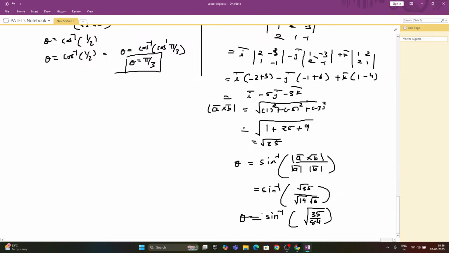Hence proof. This way you can find out the angle between two vectors with the help of sine as well as cos.